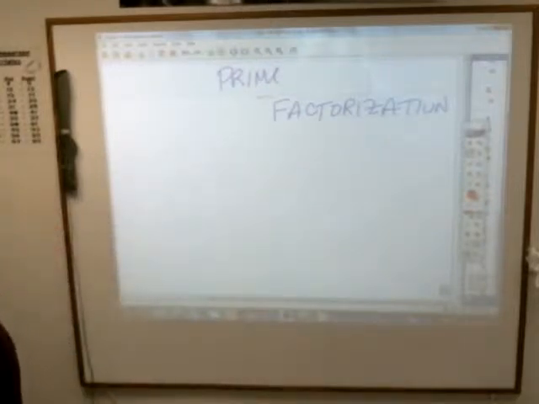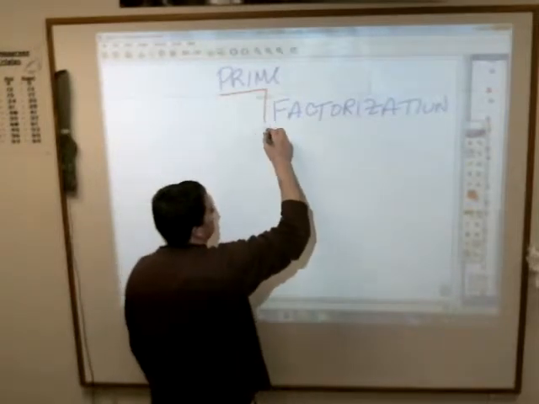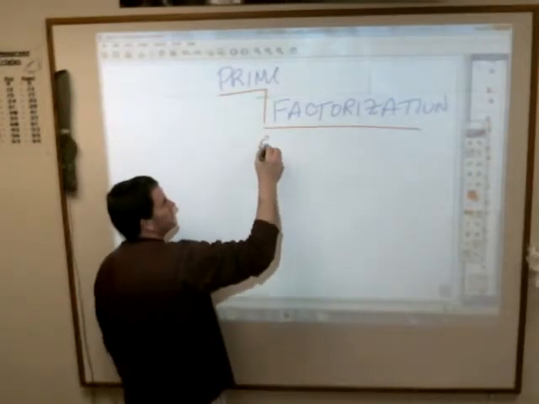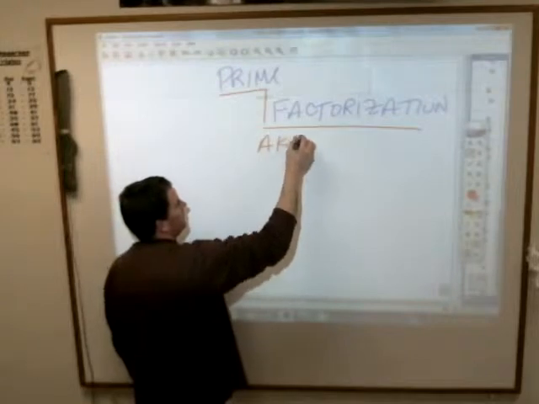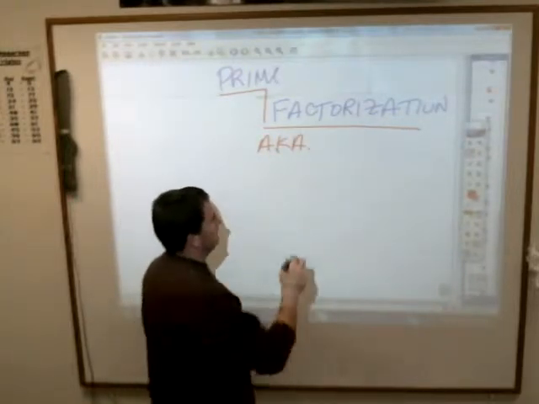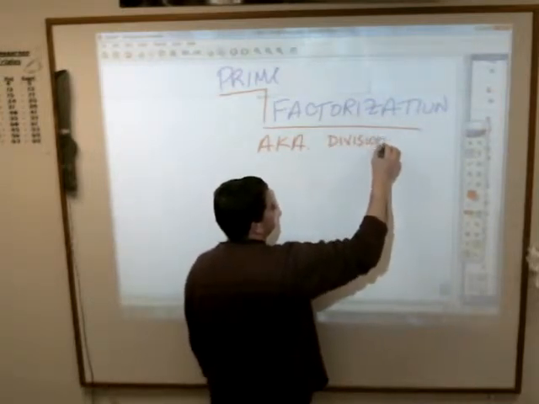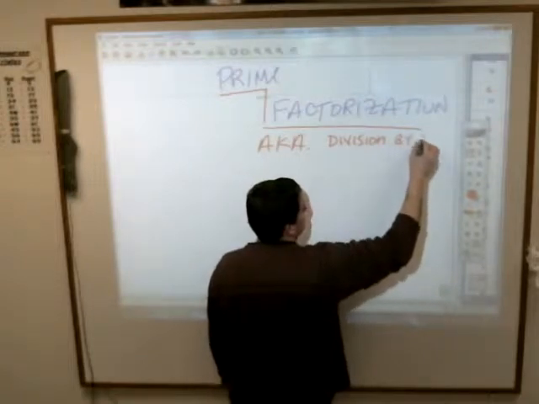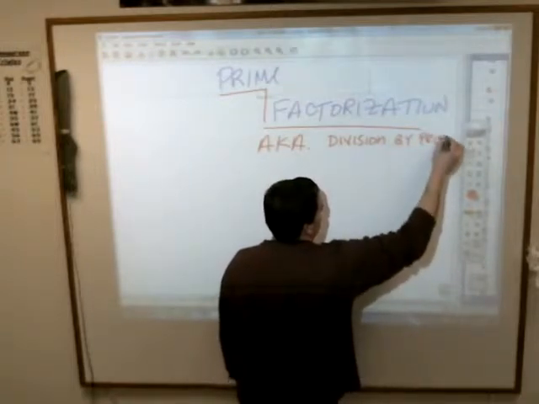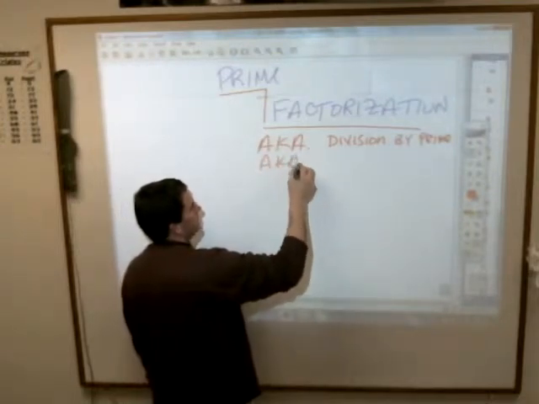Prime factorization has a couple different aliases. Okay, because there's a couple different ways you can go about getting this. Prime factorization is also known as, AKA, division by primes, and it is also known as factor trees.